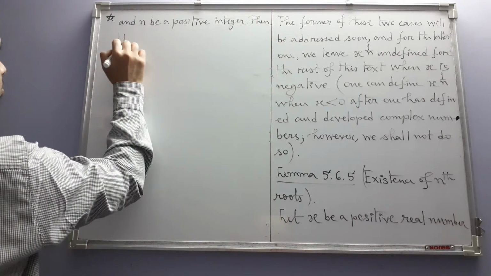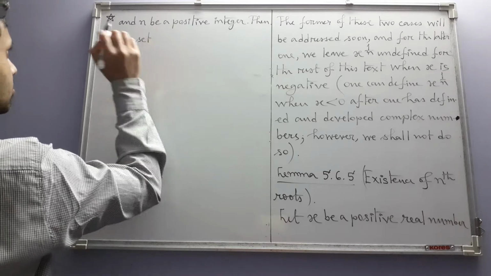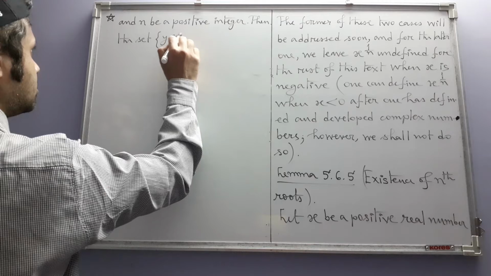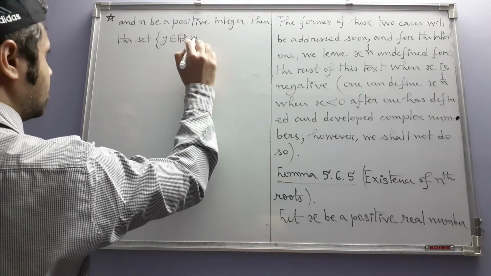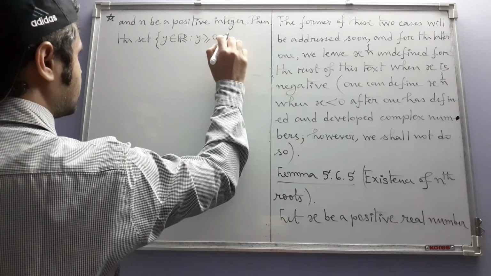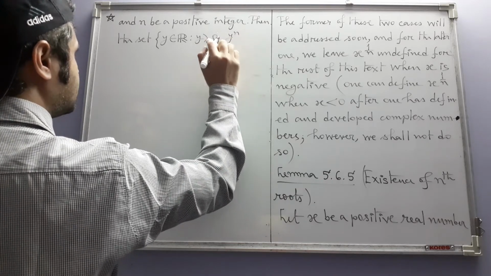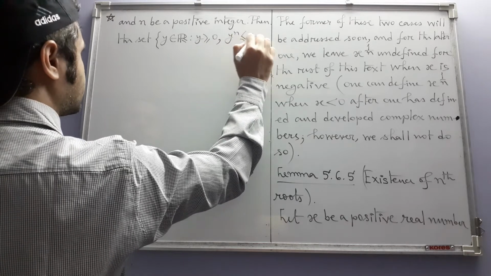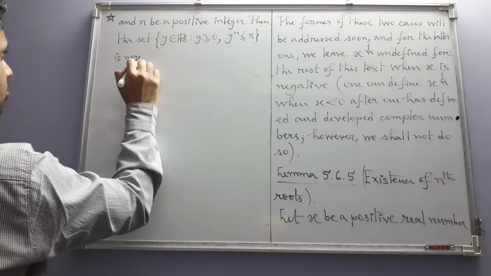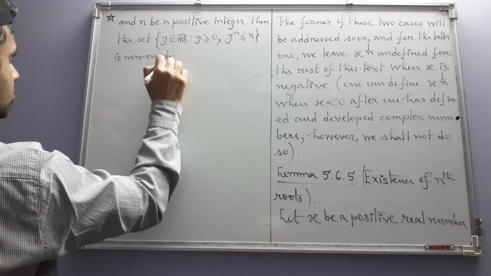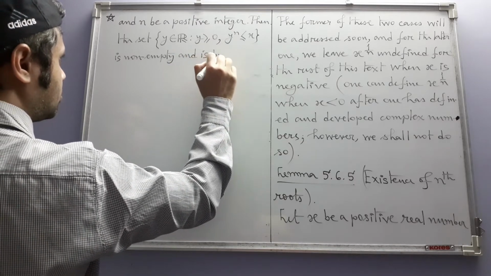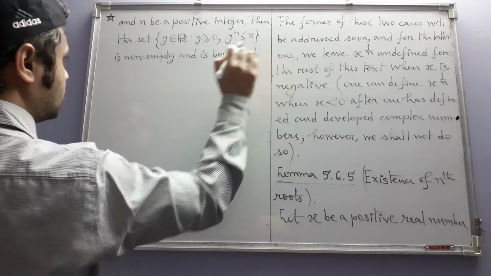Then the set of all real numbers that are non-negative and whose nth powers are less than or equal to x is non-empty and is bounded above.